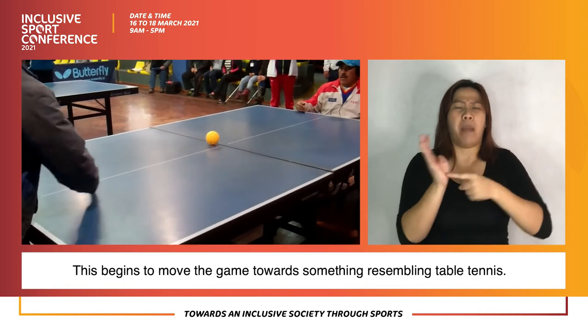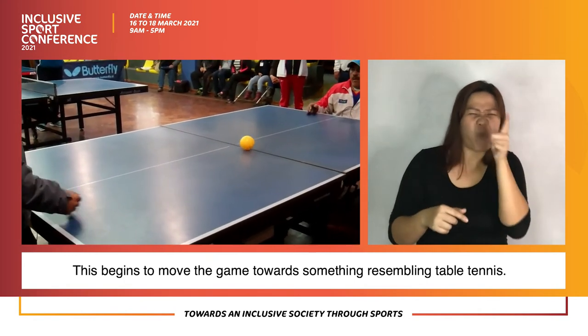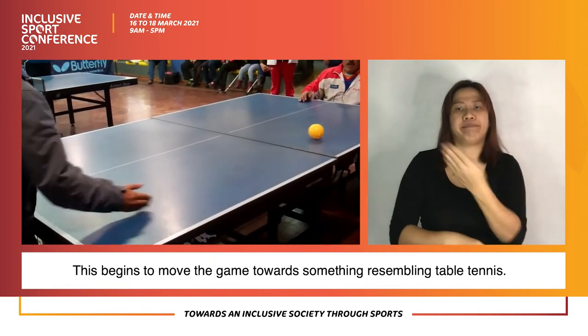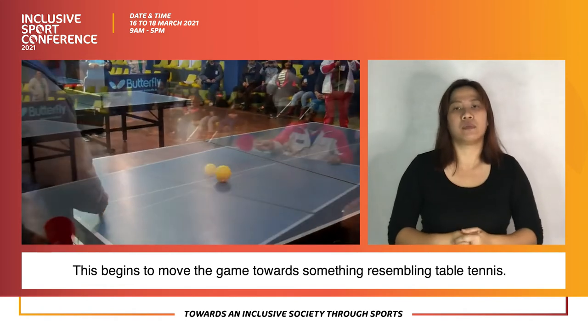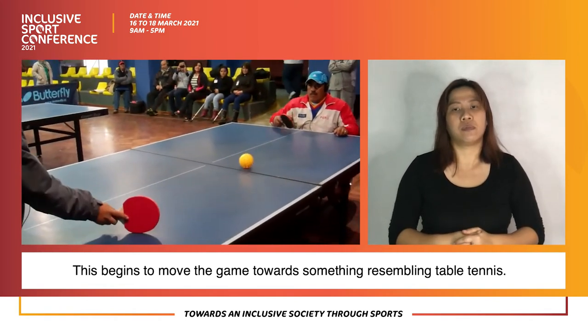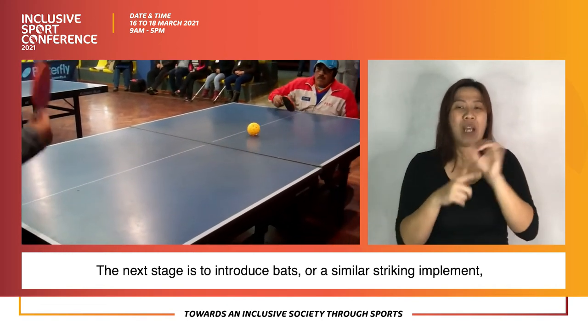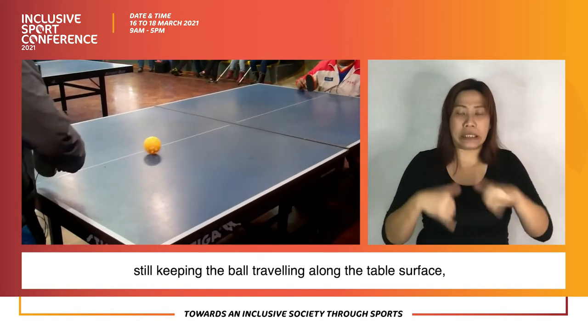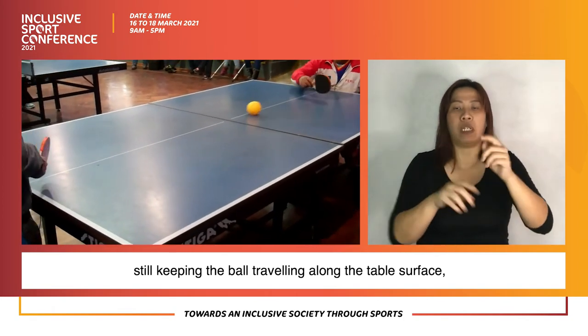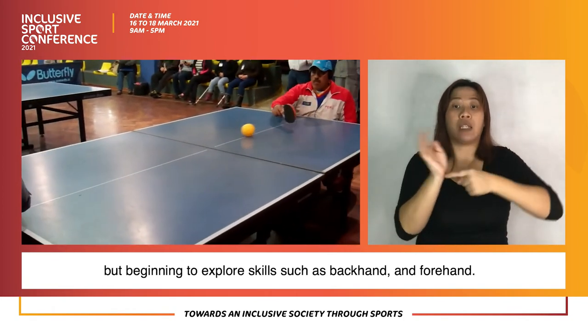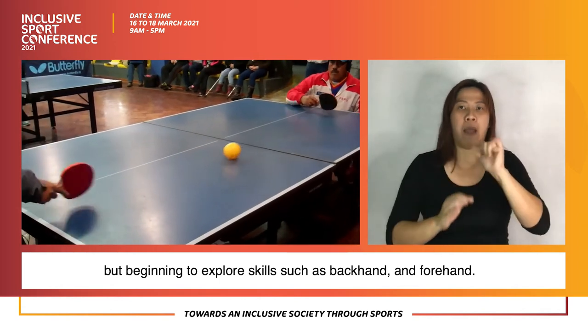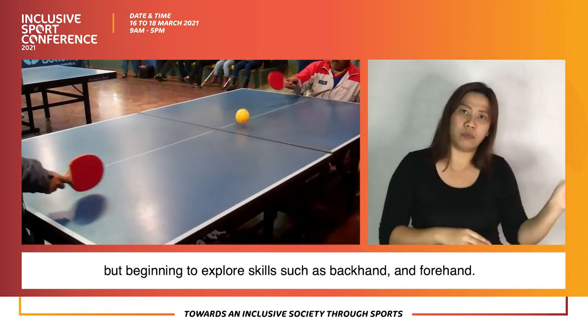This begins to move the game towards something resembling table tennis. The next stage is to introduce bats or a similar striking implement. Still keeping the ball travelling along the table surface, but beginning to explore skills such as backhand and forehand.